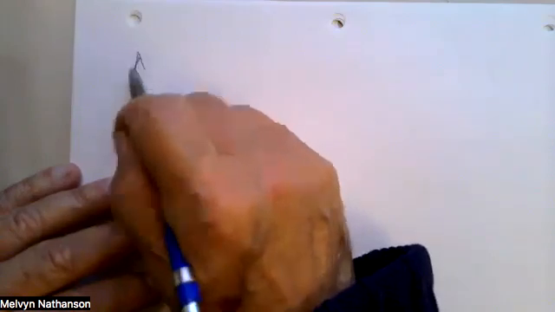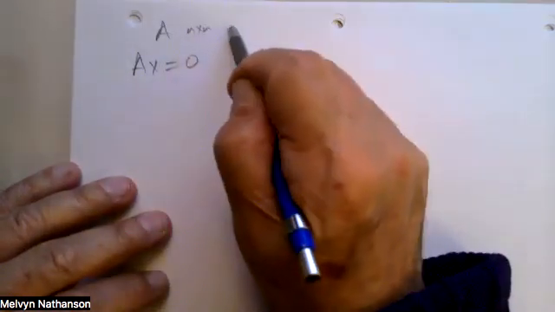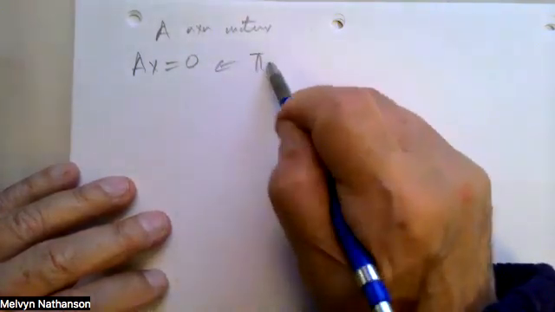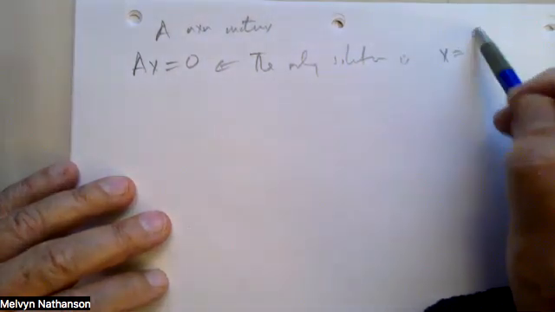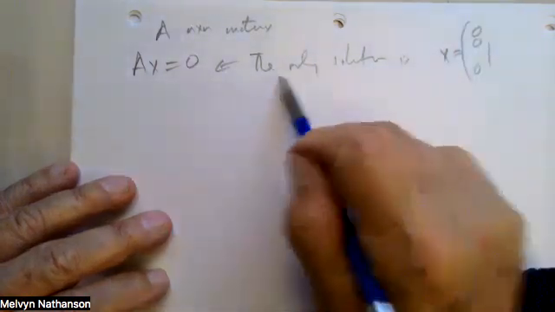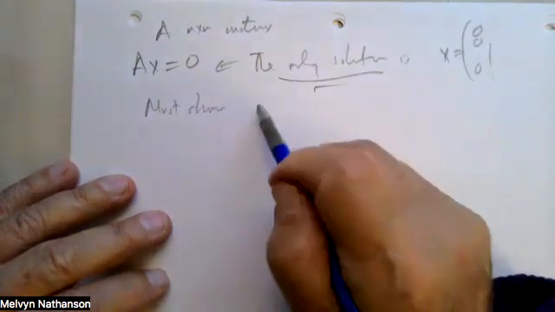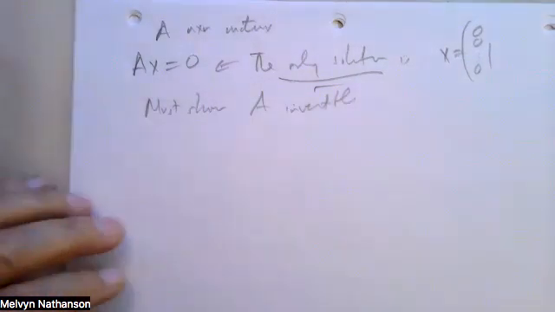I'm interested in AX equals 0, where A is an n by n matrix. And we're going to suppose the only solution is the vector X equal to the 0 vector. Right? This is what I want to show: that A is invertible.